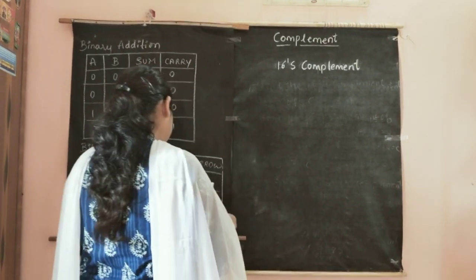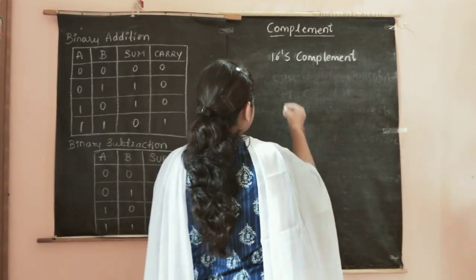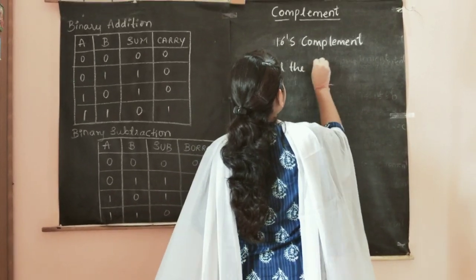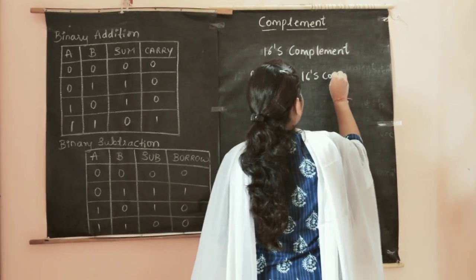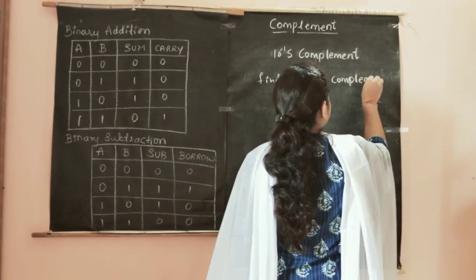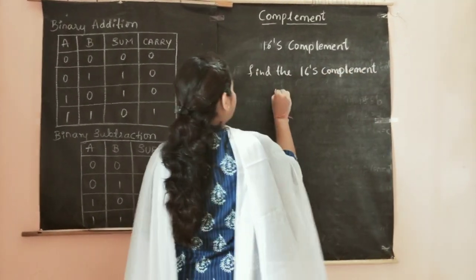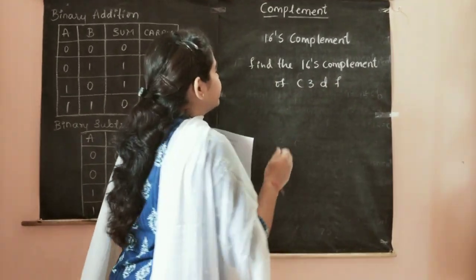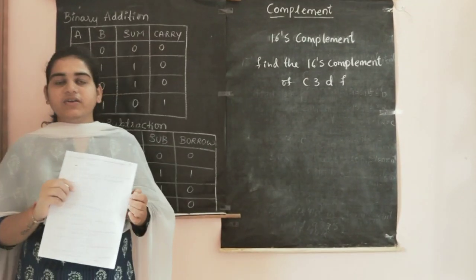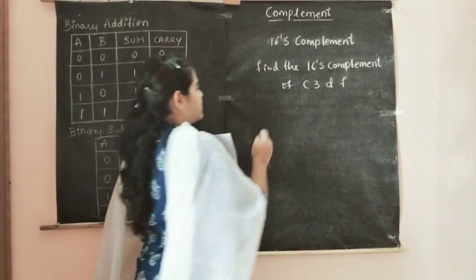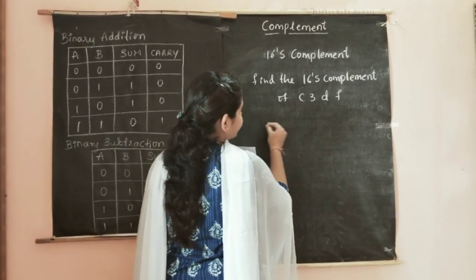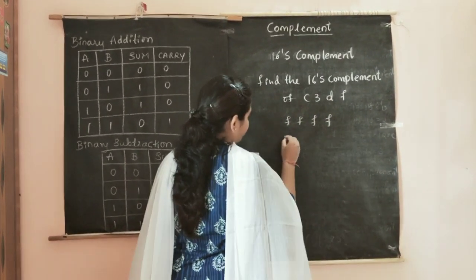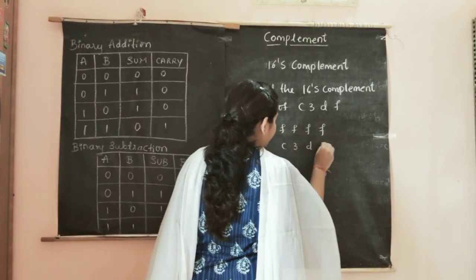So we will consider one example here, again the previous one, that is find the 16's complement of C3DF here. So similarly, first we have to find what? 15's complement. As we have already seen in the previous example, we have to subtract from 15, that is F, C3DF.